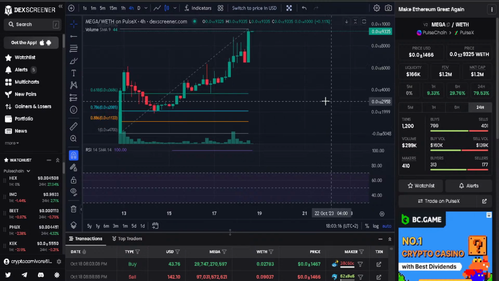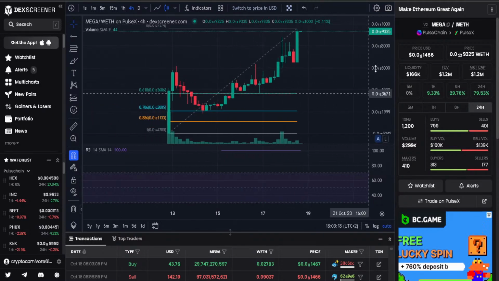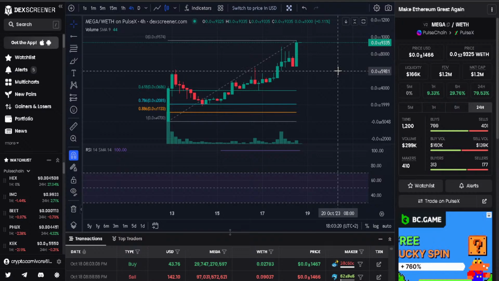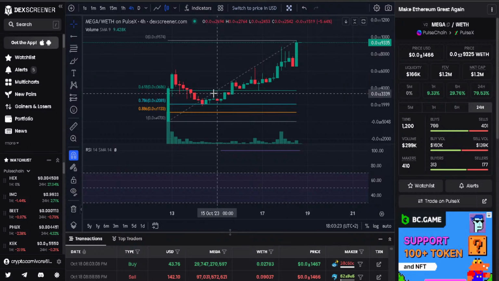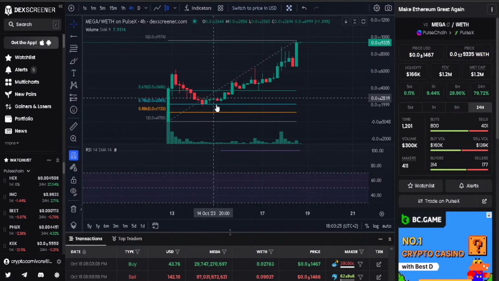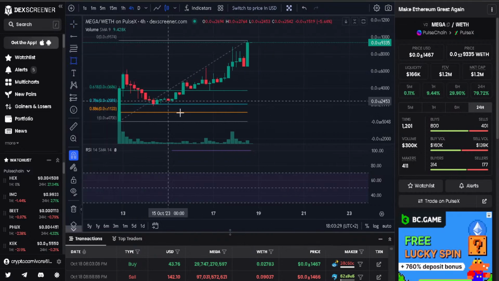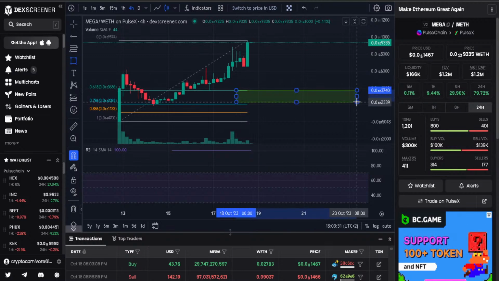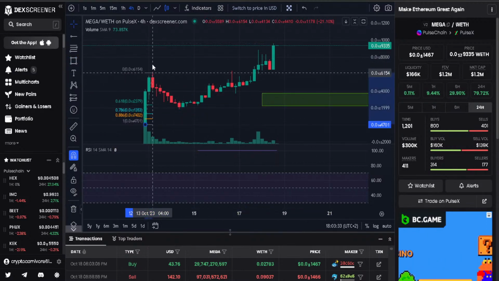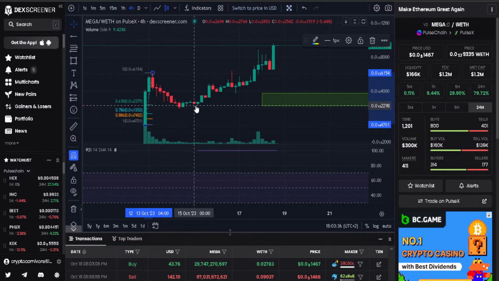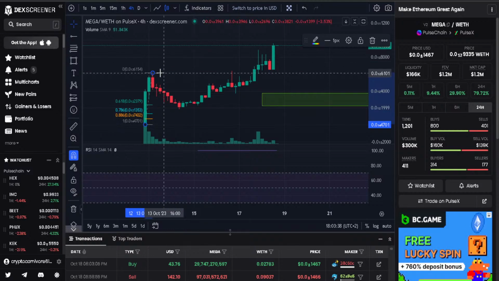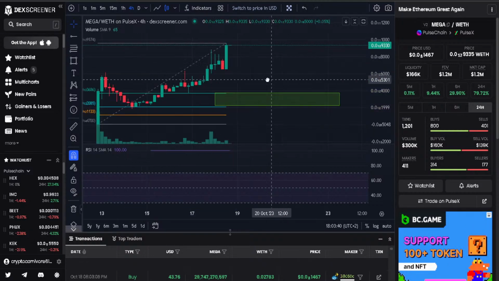I don't know what your risk appetite is. I don't know if you're looking for 10% wins, 20%, 30% wins. I'm looking for 100% wins. So that means I need to wait for these massive retracements before getting into the chart. And you can see, back here, that was my chance to get in, but I never got in. Sometimes I don't listen to my own rules, unfortunately, but that is being human, right?